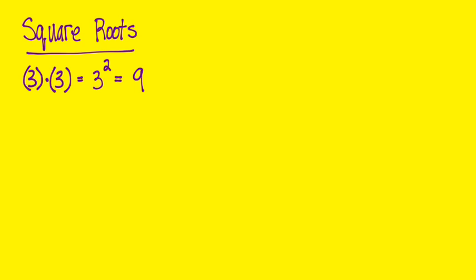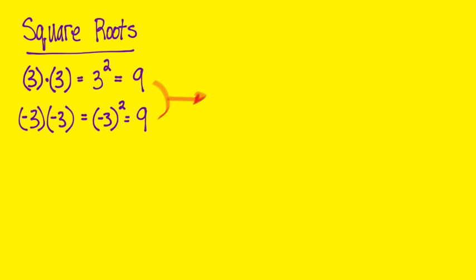In high school, we start to think, you know what? There's more to this than we think. It's also -3 times -3 could be 9. Therefore, the square root of 9 could be plus or minus 3, because it could be 3 times 3, or it could be -3 times -3.